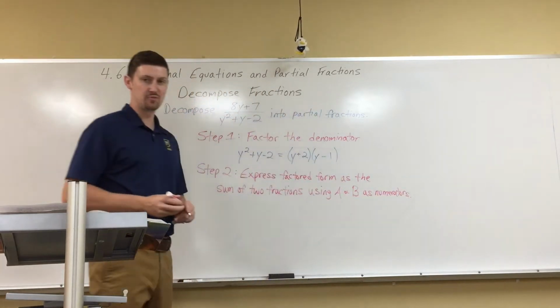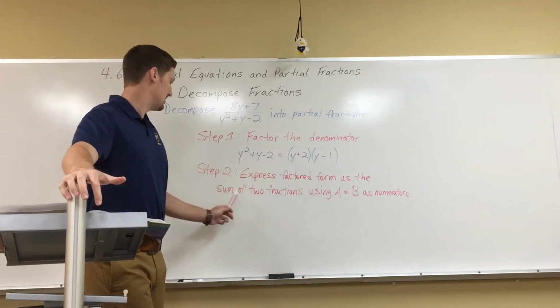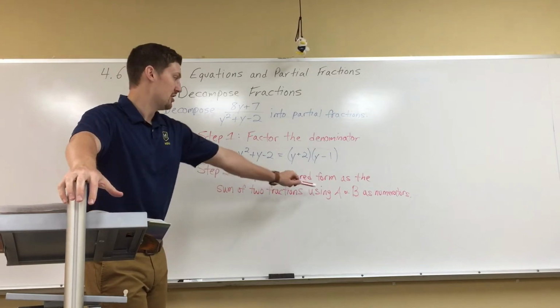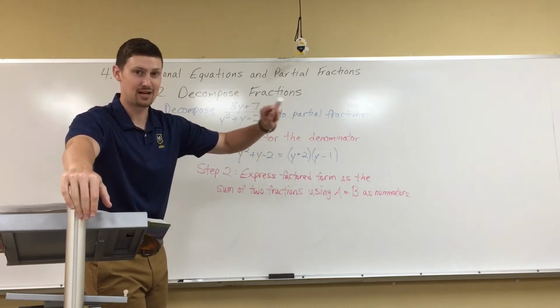A couple words, let's remind ourselves what they mean. Factored form, that's what we just did. Sum, that means we're adding them up. Two fractions, adding two fractions. Using A and B as numerators. What does numerators mean? Top line of the fraction, right?